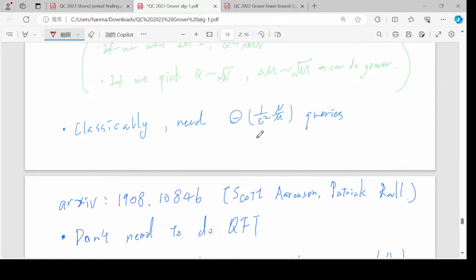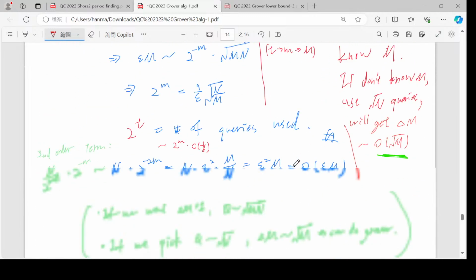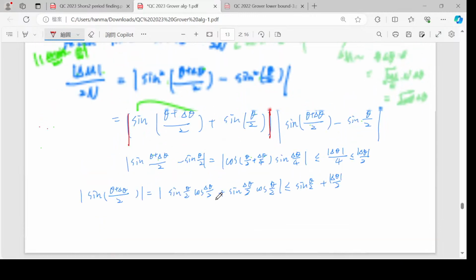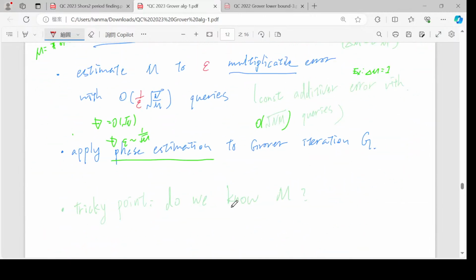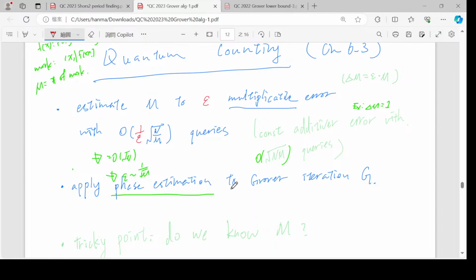So there are several things that people are unsatisfied with. First, you can see we have this problem that you need to know m here to make a constant epsilon error. And another thing is, people just don't like phase estimation that much.